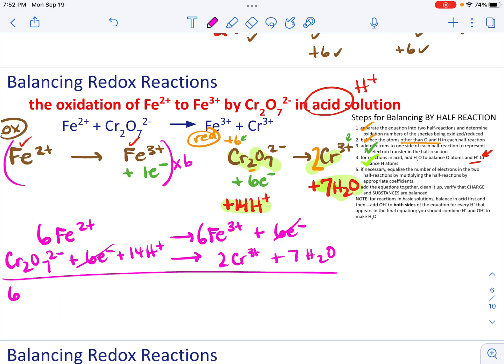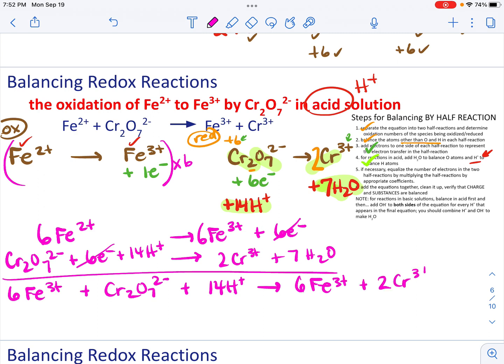So I'm going to rewrite it as 6 Fe2+ plus Cr2O7 2- plus 14 H+ yields 6 Fe3+ plus 2 chromium 3+ plus 7 water. And this should be my overall equation. We need to check substance and charge so that we know that everything is all hunky-dory.